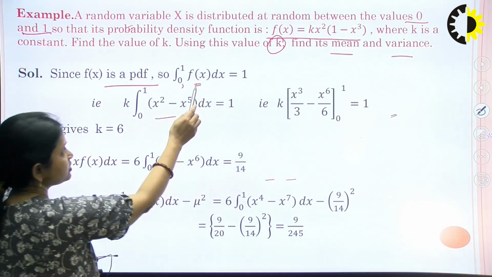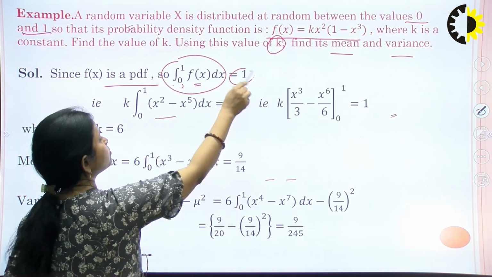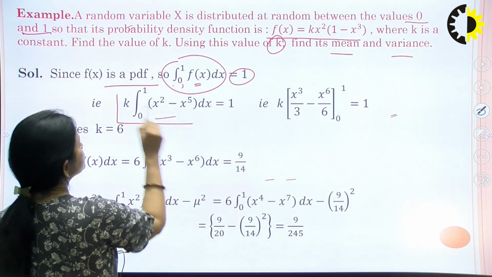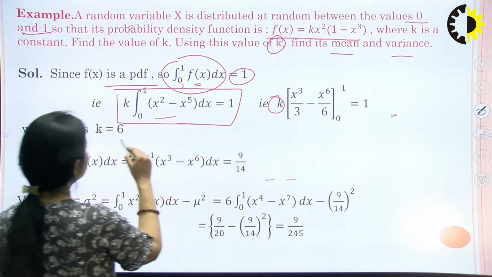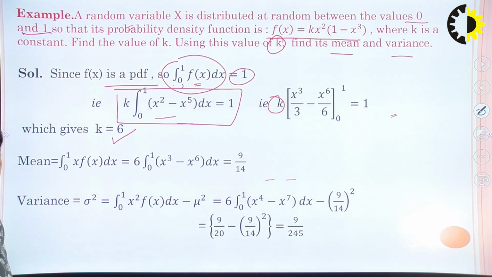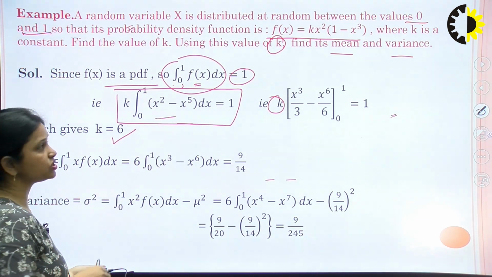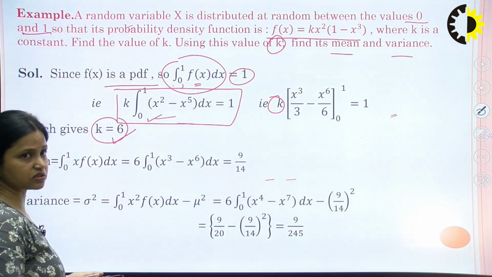So just find the integration of the probability function from 0 to 1, and this integral will be equal to 1 as the total probability is 1. So just solve this integral equation for k. It is very simple to find the integral of this function. You will obtain k is equal to 6.